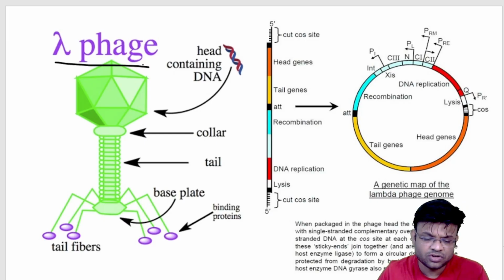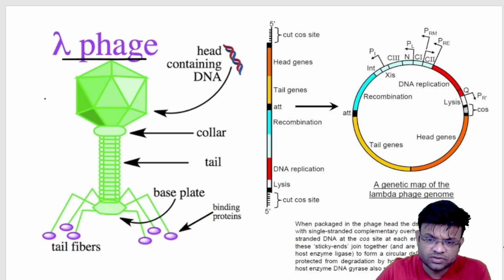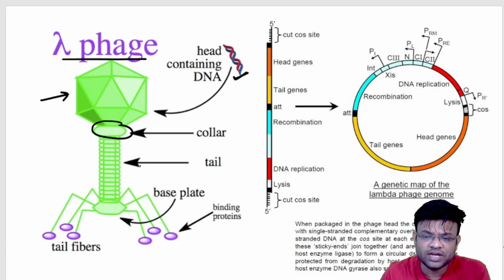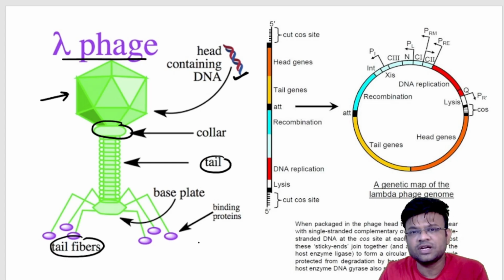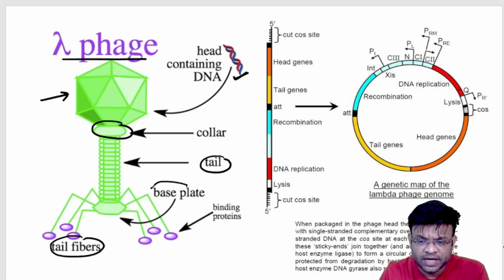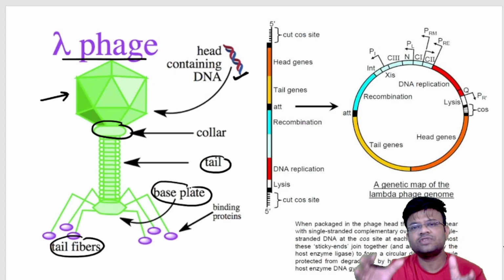This is the head portion, and inside the head the genome is present. So let us say that this is the genome, this is the collar portion of the phage, this is the tail portion that I told you, and these are tail fibers which are used for attachment on the host. Okay, so this is also the base plate. So this is the structure of the lambda phage.